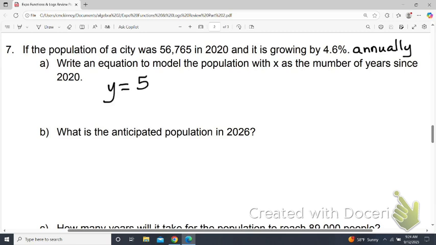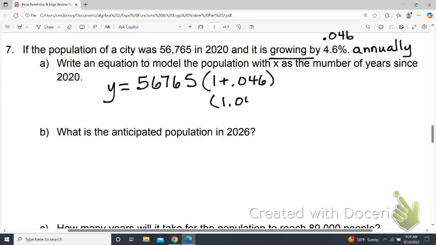So our starting population, 56,765. It's growing, so we're going to add this decimal. So this percentage is the same as this decimal. So 1 plus 0.046, or perhaps you'll just write 1.046, right?